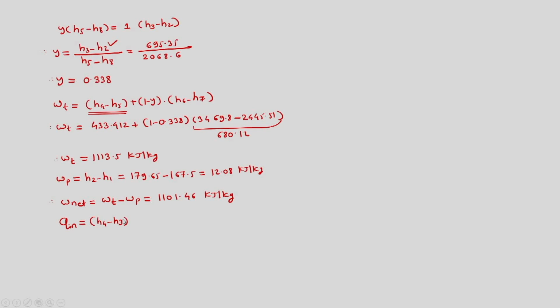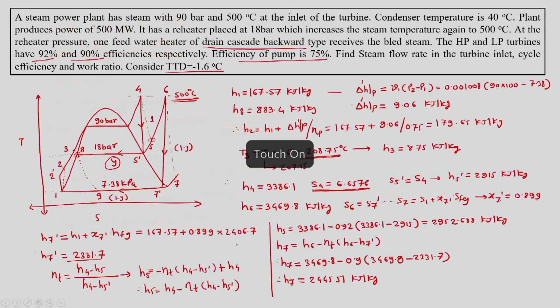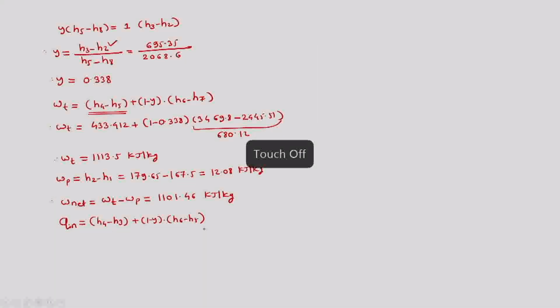Here we have Q in, which is the heat input to the cycle, and that is H4 minus H3 plus 1 minus Y into H6 minus H5. Here heat is added in two phases: H4 minus H3 is heat added in the boiler, and H6 minus H5 is heat added in the reheater. So we can keep all these numbers.